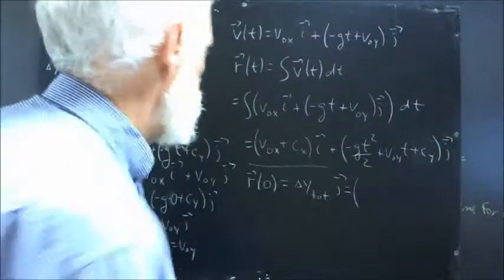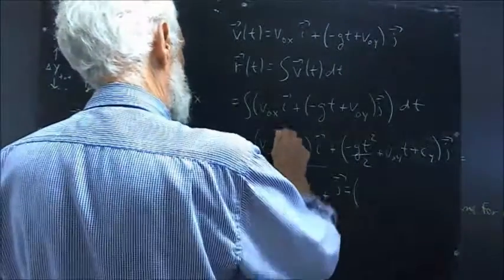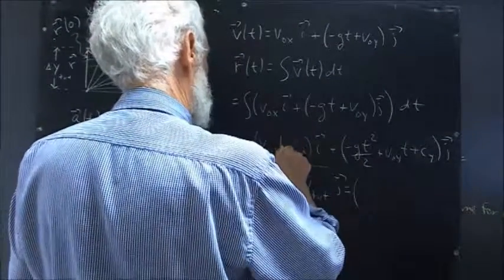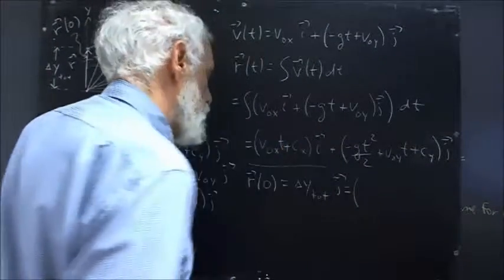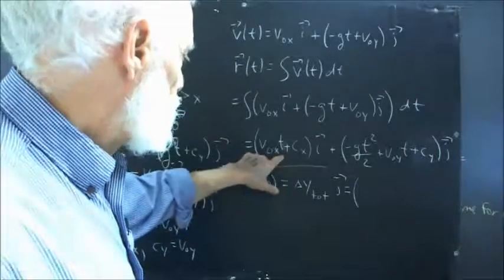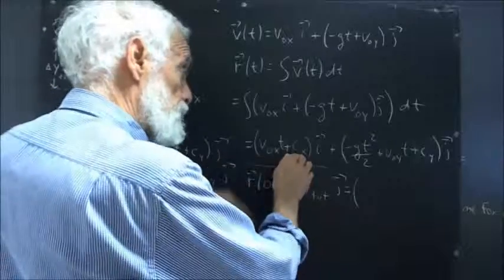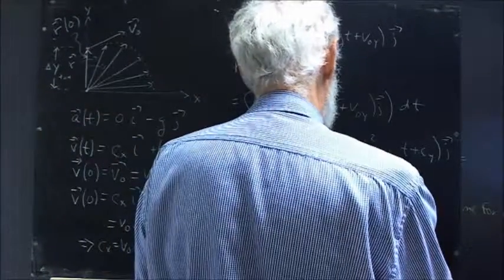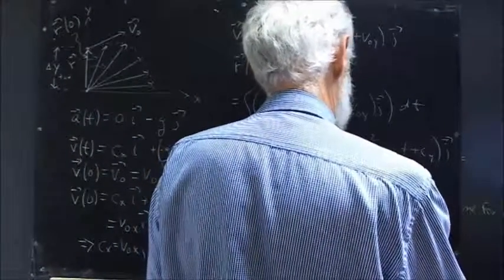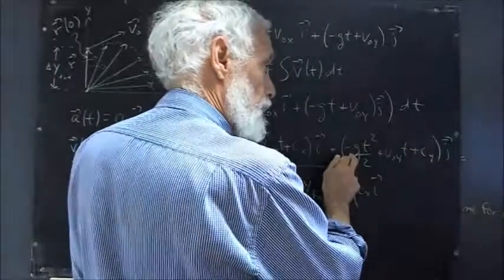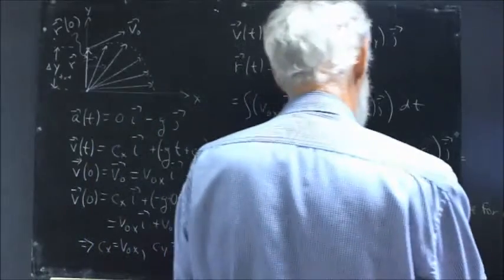If we substitute t equals 0 up here, we just get that r of 0 has to be cx times i, and then t equals 0 makes this term and this term 0.